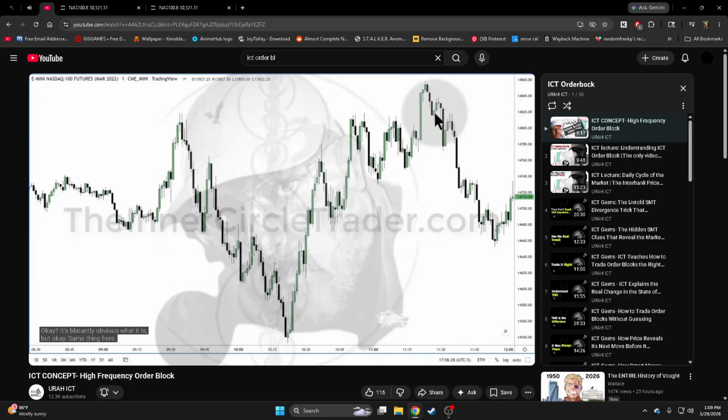Order blocks form past old swing highs and lows / old liquidity.